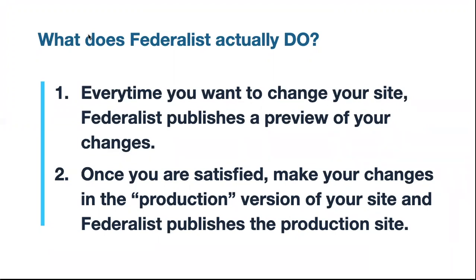That includes your production site as well. So typically you may have different versions of your code. You may look at one version and say, yes, this looks great, I'm going to take those changes and push them to the version of code that is my production site. Federalist will rebuild it and it'll be available to the public.